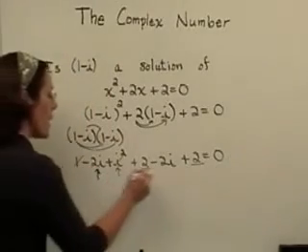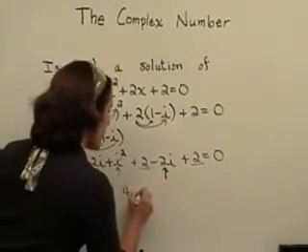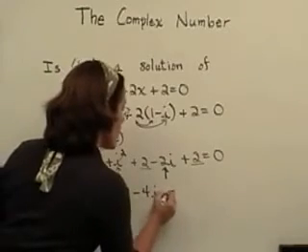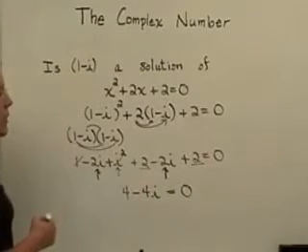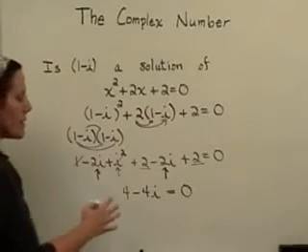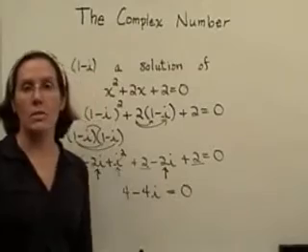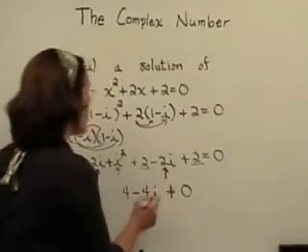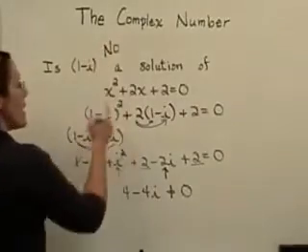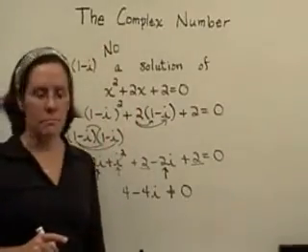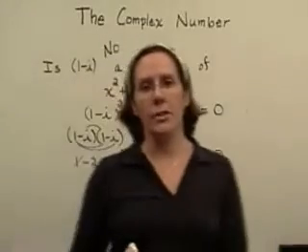And this minus 2i and this minus 2i collect to be a minus 4i. So I've collected the terms on the left-hand side. Everything is collected, and I want to know if that expression is equal to 0, and it's not. So I would come back here and say that no, 1 minus i is not a solution to this equation. And that's all I was looking to have you do.